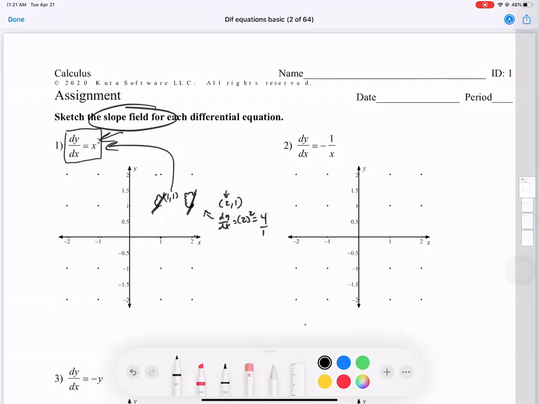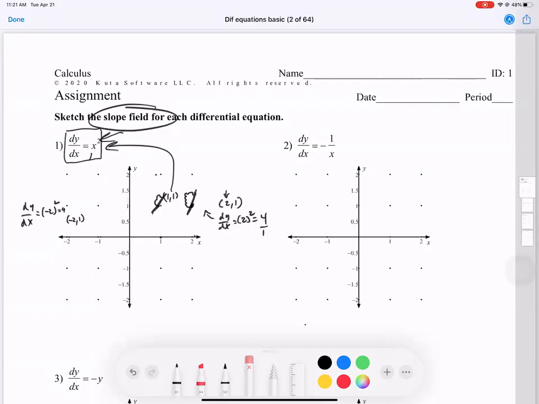Let's pick a different point. I pick a point over here on my left. That's going to be -2, 1. If I just plug in the x value, dy over dx is equal to -2 squared. That's also a positive 4. Oops, I picked the wrong point.